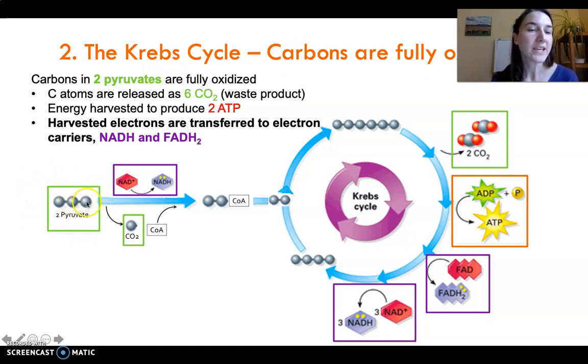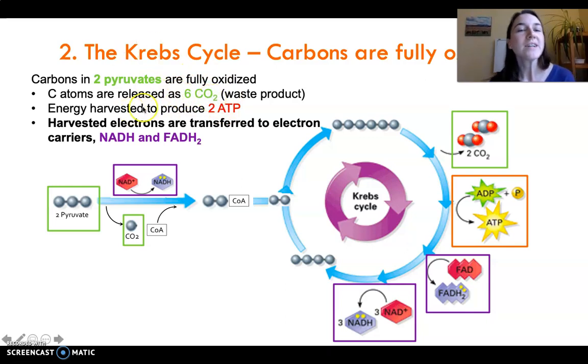Each pyruvate is a 3-carbon molecule, right? We had 6 carbons in our glucose initially. Now we have 2 3-carbon pyruvates. And during the course of this complex series of reactions, the carbons in those pyruvates are going to be fully oxidized and released in the form of carbon dioxide. So at the end of this, we're going to release 6 CO2 molecules as a waste product, and that's where the carbon atoms are going.